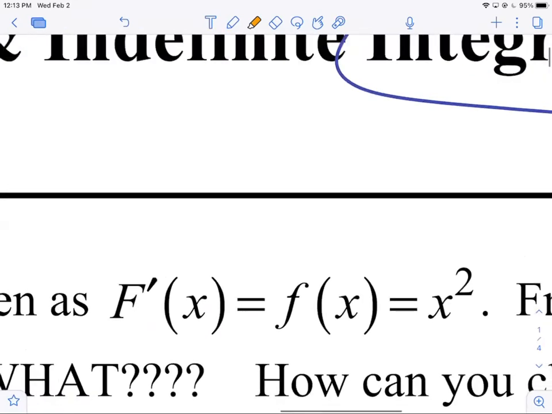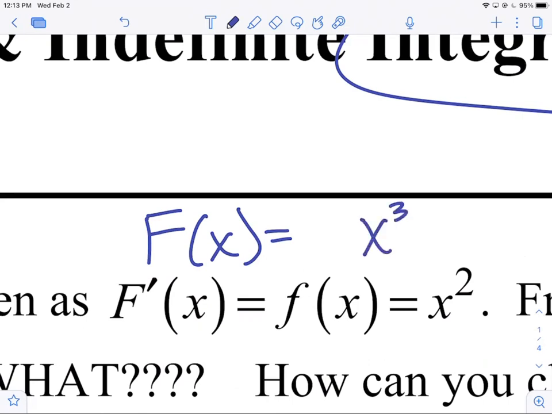Can anyone tell me what the function big F was before we took the derivative of it? In other words, what did I actually take the derivative of to get x squared? 1/3 of x cubed. Good. So we know it has to be a 3, because the power rule says when we differentiate, we subtract 1 from the degree. So it had to be a 3.